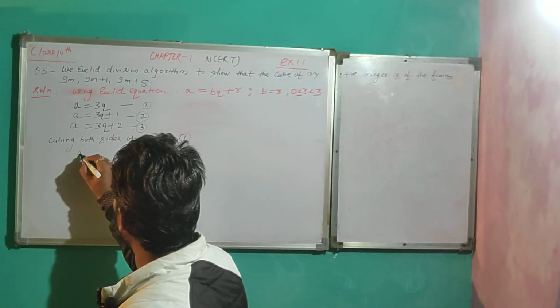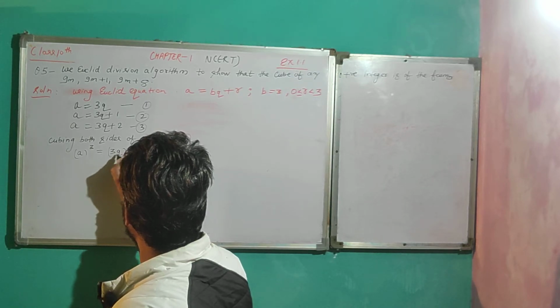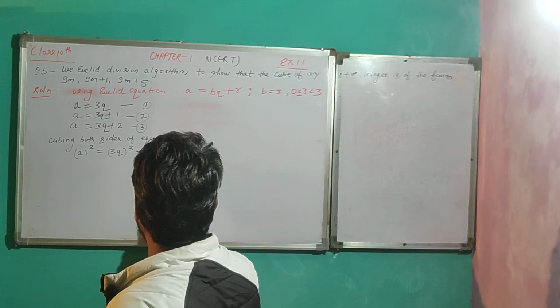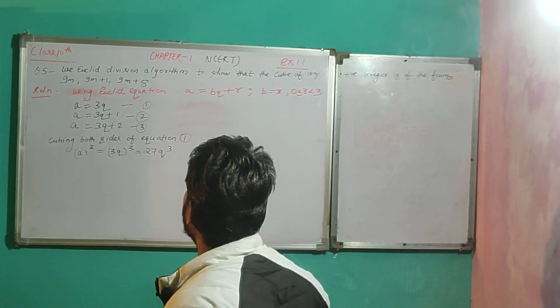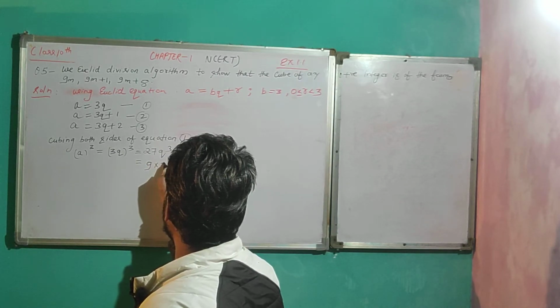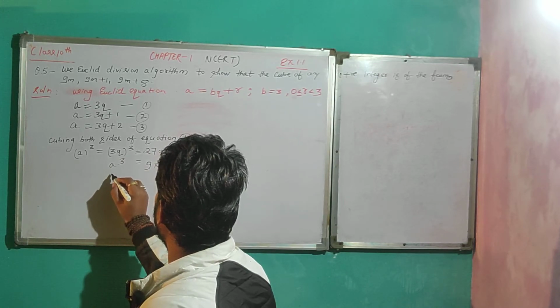Okay, so what we get? a cube is equal to 3 cube. On solving we get 27 q cube. Now factorizing this as 9 into 3q cube is equal to a cube.